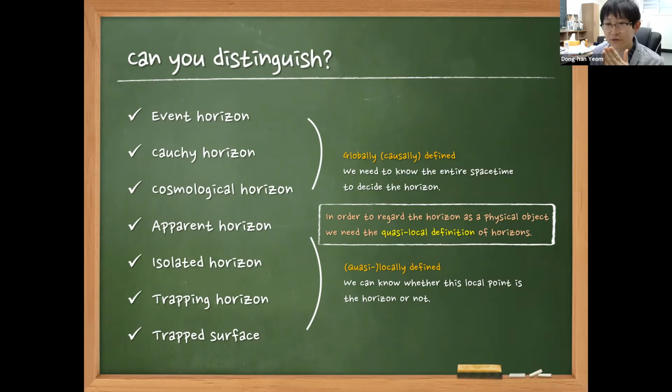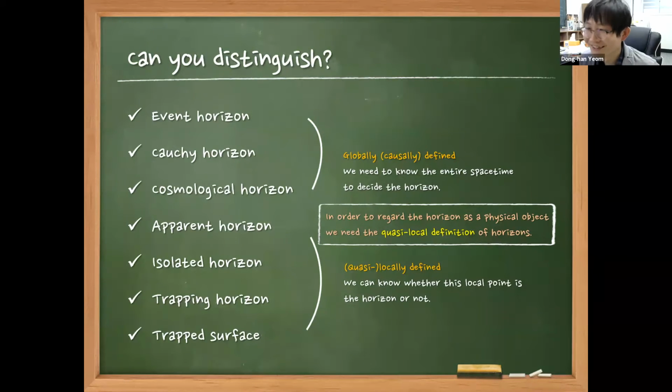Then we need to ask where is such a physical surface where such trapping happens. However, if the notion of the horizon is global, then locally we cannot decide whether such trapping can happen around this region or not. Maybe later I can show some examples that locally defined and globally defined horizons are different, and we may think about some physical differences between them.